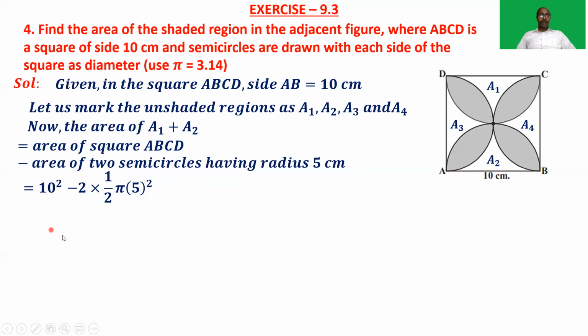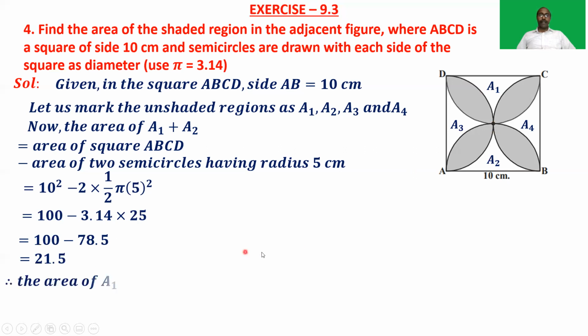And now 10 squared is equal to 100. And we can cancel 2. And pi is 3.14, and 5 squared is 25. So from this we get 100 minus 25 into 3.14, which is 78.5. So we remain with 21.5. That is, the area of the regions A1 and A2 is 21.5 centimeters squared.